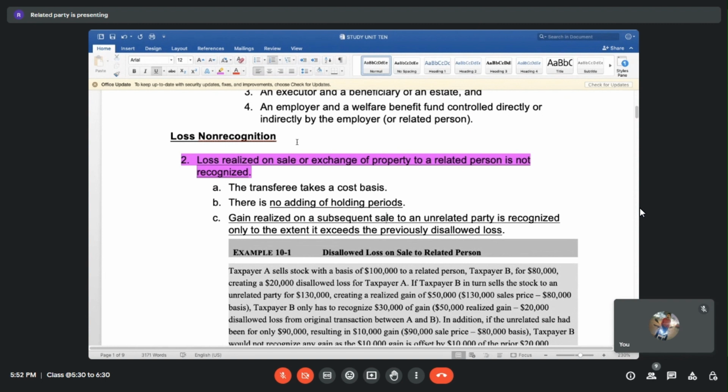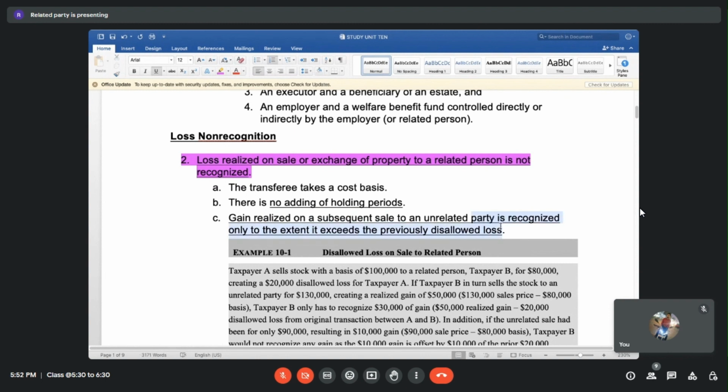B takes it up. B sells the property to C, and C is not a related party. This is what they are saying. When B sells it to C, if there are any gains on a subsequent sale to an unrelated party, it is recognized only to the extent it exceeds the previously disallowed loss.